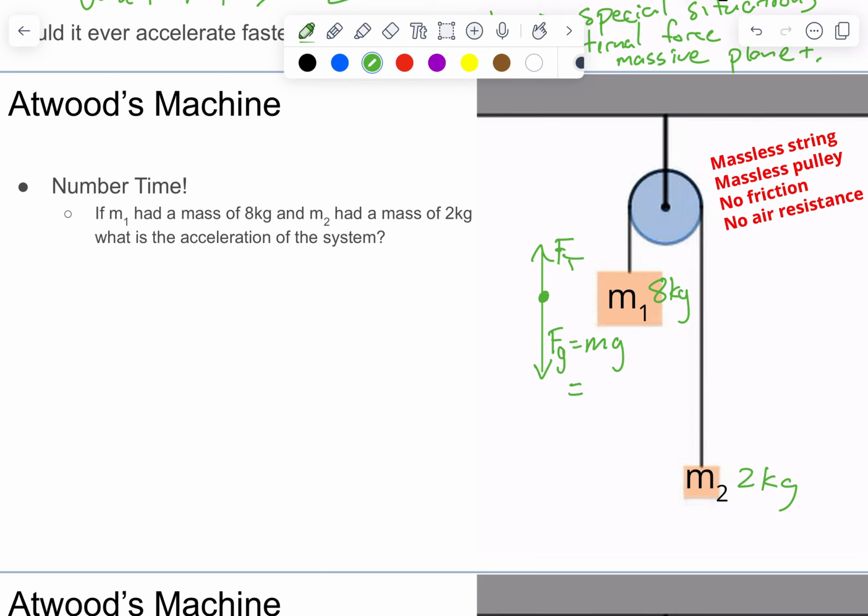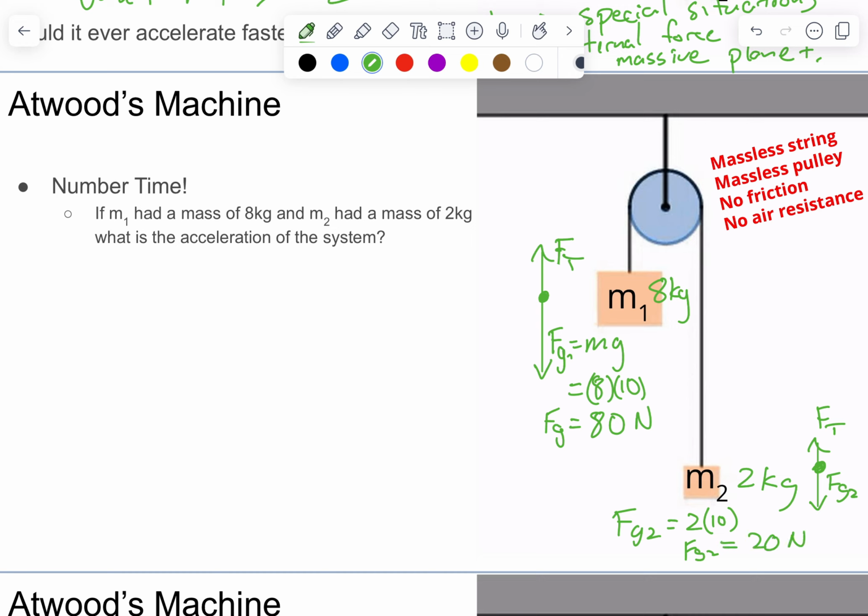So Fg is equal to the mass, which is 8, times gravity, which is 10. So my force of gravity here is going to be 80 newtons. Don't forget your units. Mass 2 is going to have Ft and Fg2. Fg2 is equal to the mass, which is 2, times gravity, which is 10. Fg2 is equal to 20 newtons.